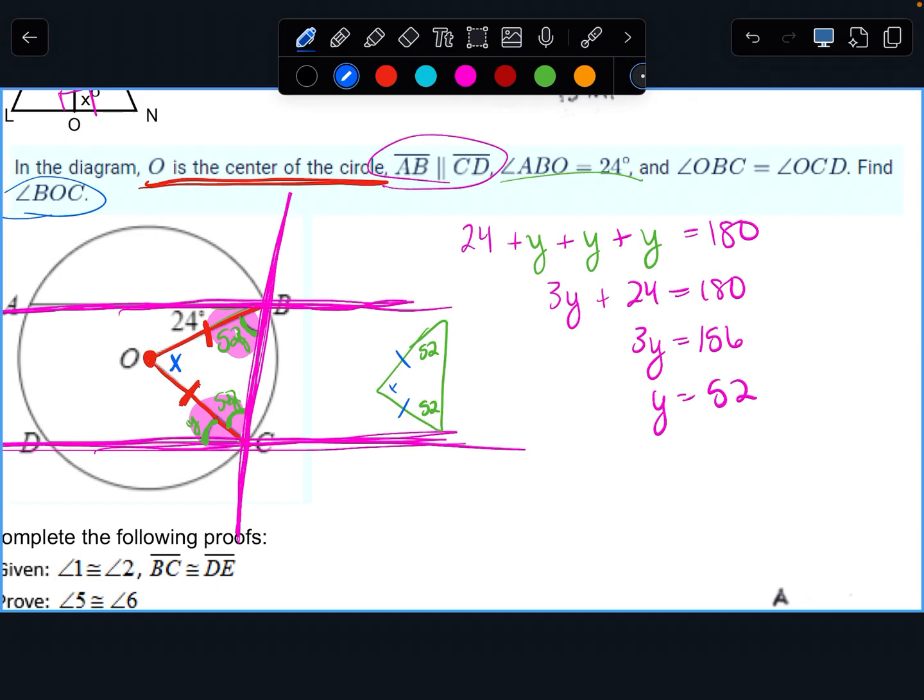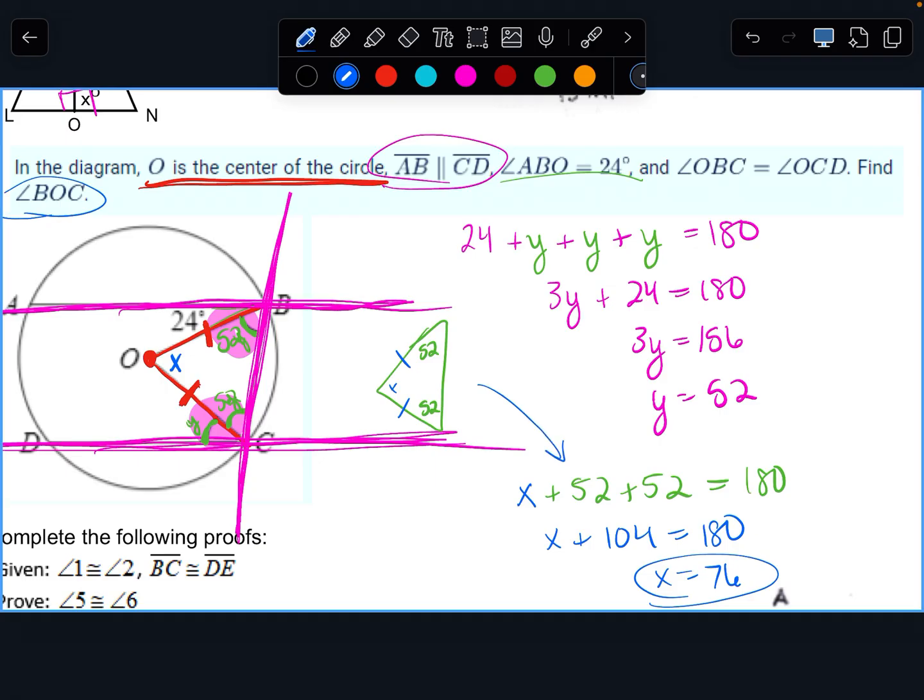To figure out x, you're going to take x plus 52 plus 52 equals 180. So it's pretty tricky to get it.